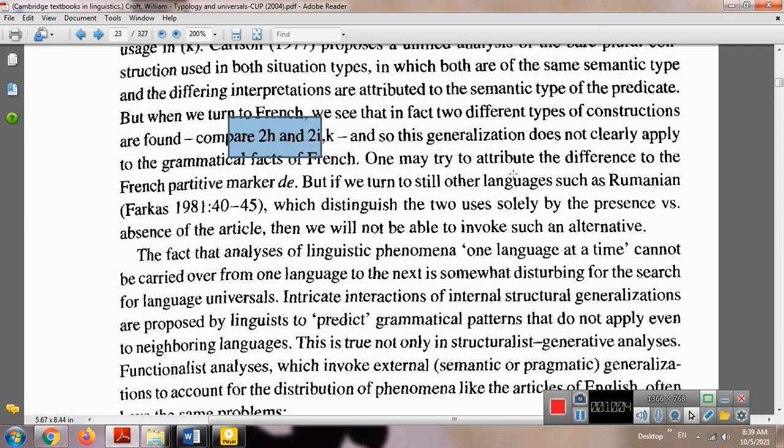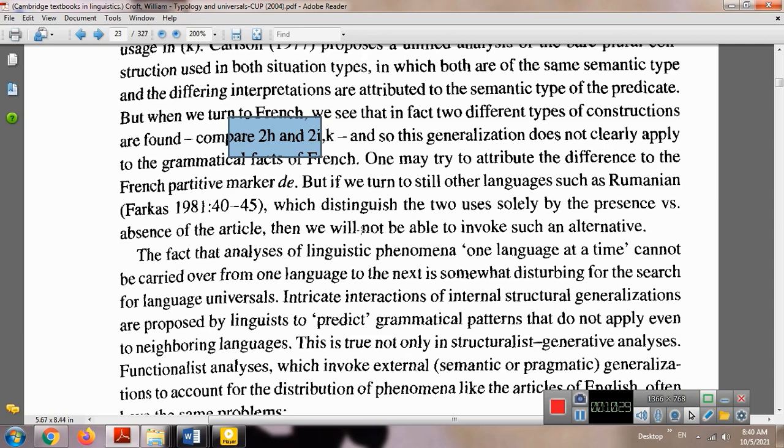One may try to attribute the difference to the French partitive marker de, but if we turn to still other languages such as Romanian, which distinguish the two uses solely by the presence versus absence of the article, then we will not be able to invoke such an alternative.